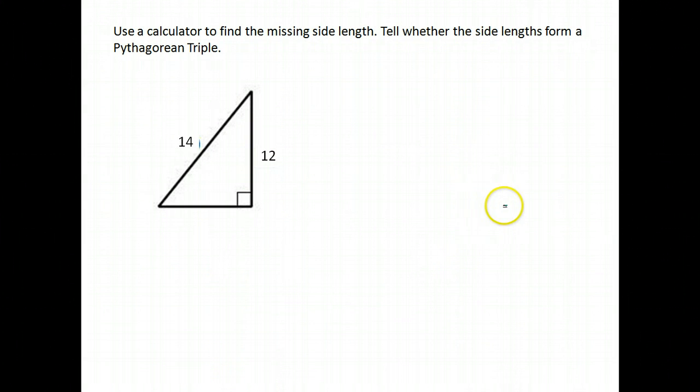All right, so it says use a calculator to find the missing side length. Then tell whether the side length forms a Pythagorean triple. So here we go. We're back with our Pythagorean theorem. We're going to find the missing side, and then we're going to say if we have a Pythagorean triple or not. So here I have this x value. The Pythagorean theorem is a squared plus b squared equals c squared.